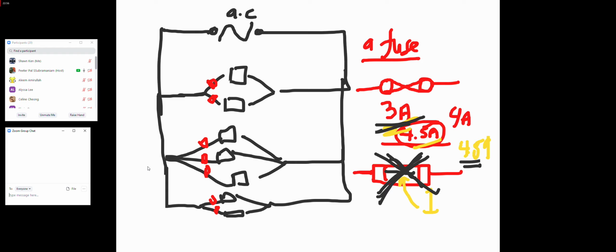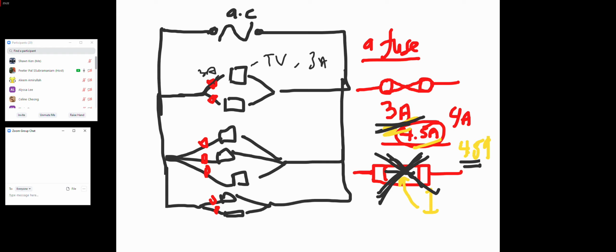So once you disconnect the whole circuit, what happened? The device connected is protected. Let's say, for example, this is your TV, and your TV only needs 3 ampere, and this is the 3 ampere fuse.